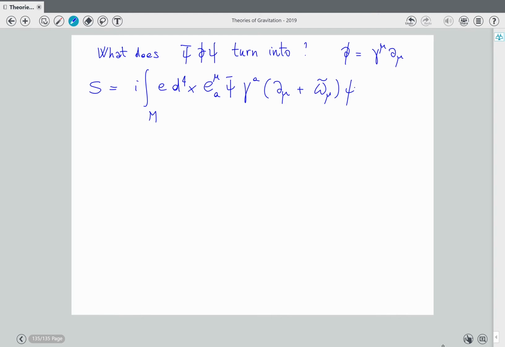And if you want, you can add the mass term, psi bar psi.